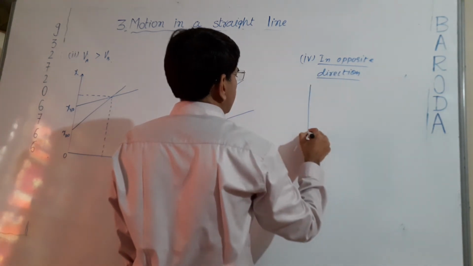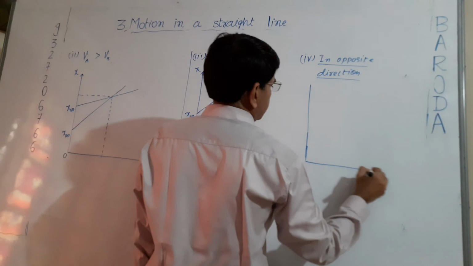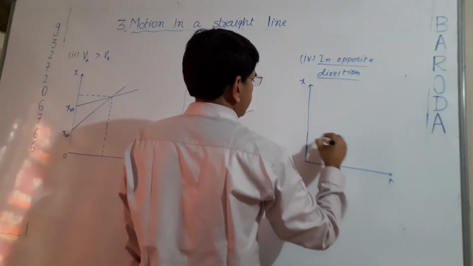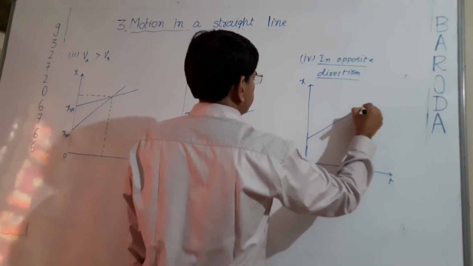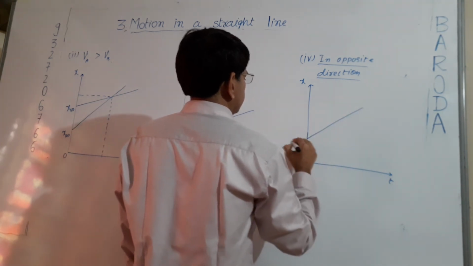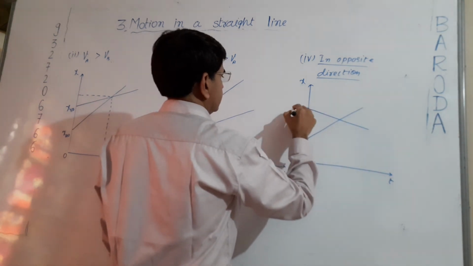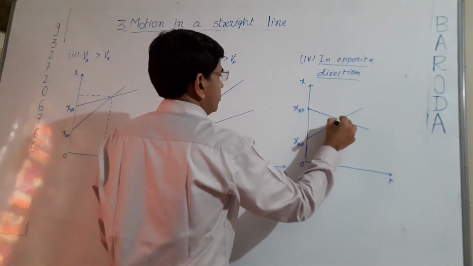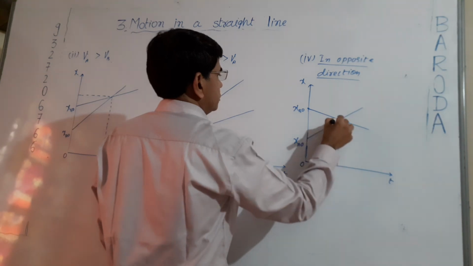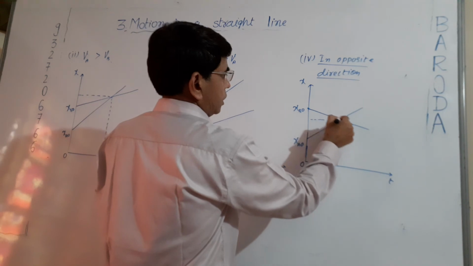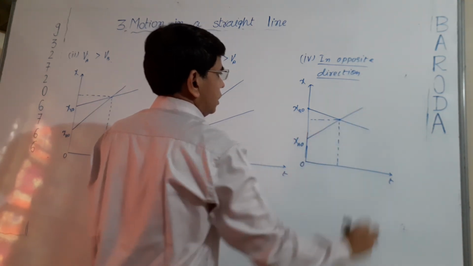Car A and car B are moving in opposite directions. Then the graph of x versus time will be like this. Car B and car A will meet each other at this time and at this position. So this is the graph of car B and this is the graph of car A.